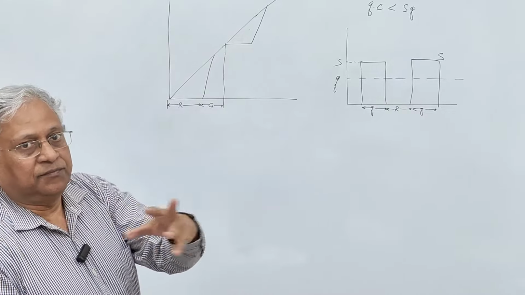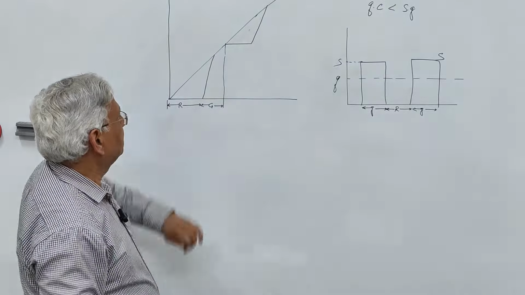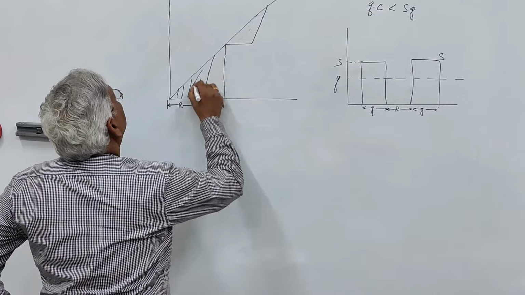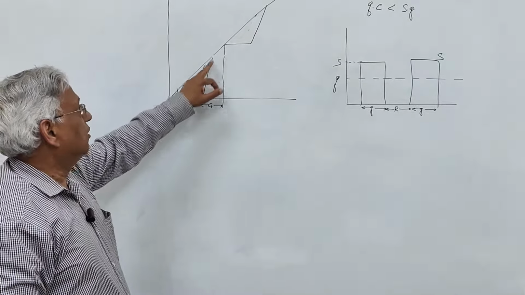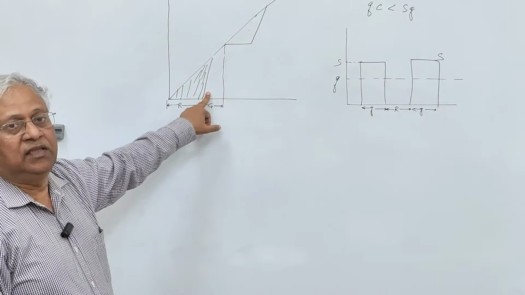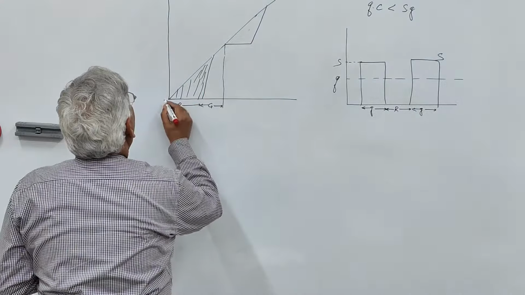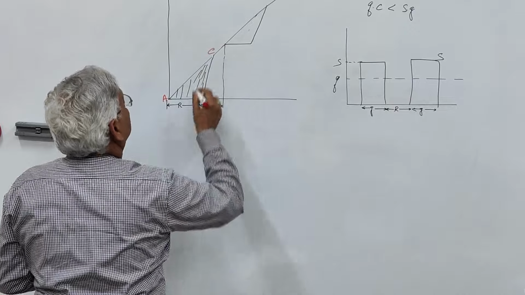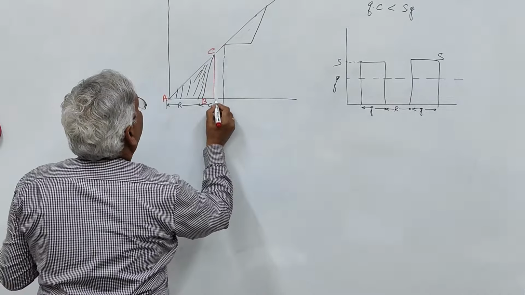Arrival and departure. A vehicle arrives and leaves. That is that time. Now, the total delay to the vehicles is the area of this triangle. This is input, this is output. And the area between these input and output is the delay to the vehicles. Basically, let us say this is A, this is B, and this is C. So you need, and let us say this point is D.